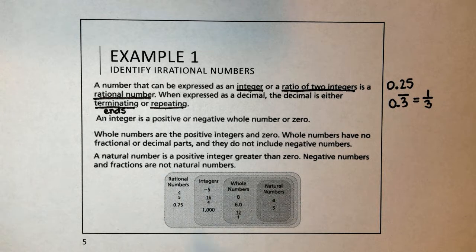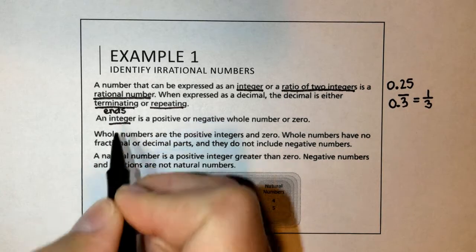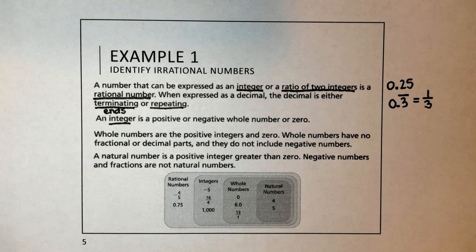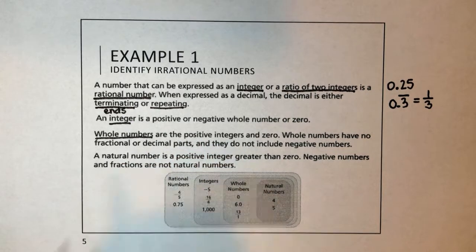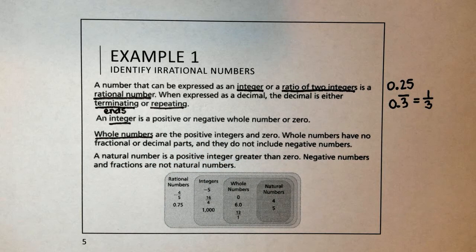An integer is a positive or negative whole number, or 0. So it's going to be your counting numbers and their opposites plus 0. Whole numbers are the positive integers and 0, so 0, 1, 2, 3, 4, and so forth.